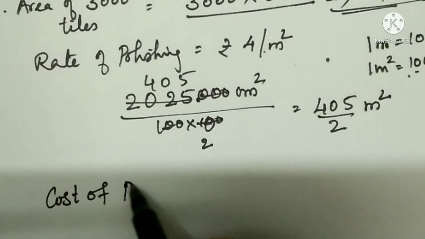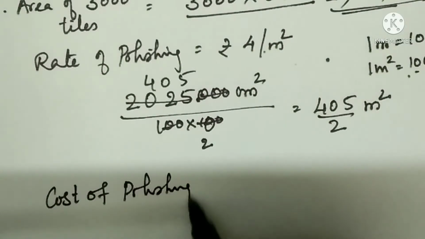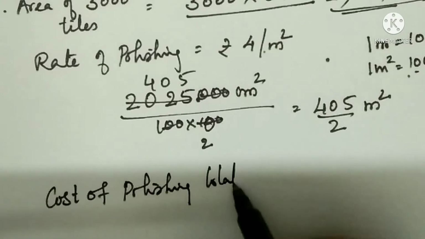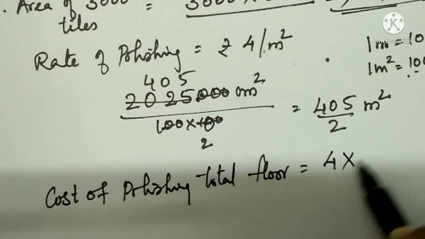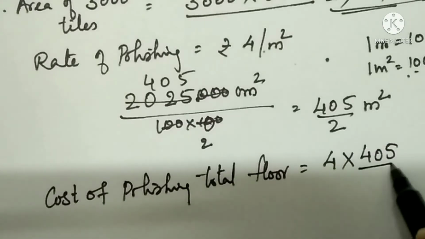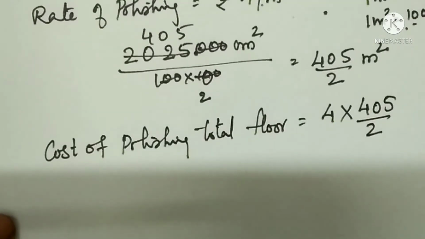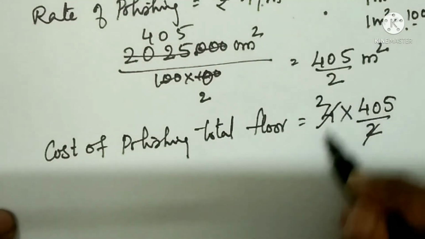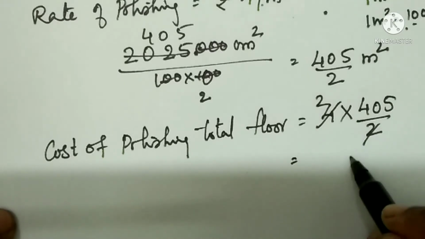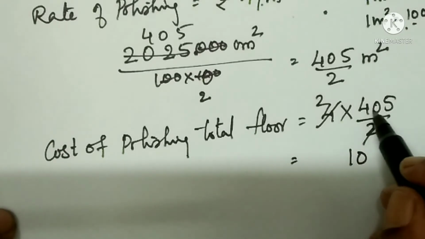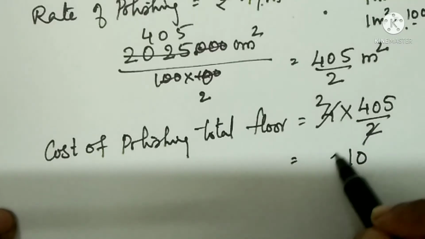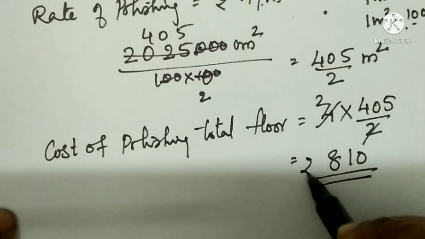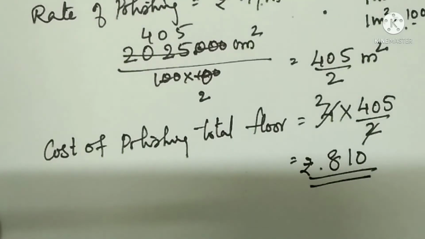So cost of polishing the total floor is equal to 4 multiplied by 405 upon 2. So when you do cancellation, 2 5s are 10, so 1 carry, 2 0 0 plus 1, 1 2 4s are 8. This much rupees you need to give for completely polishing the floor.